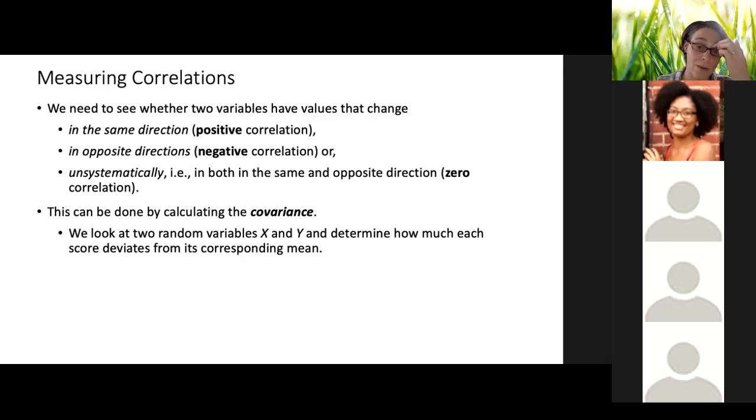So for a given observation unit, we look at how much the score on the X variable deviates from the mean of X, and how much the score on the Y variable deviates from the mean of Y.